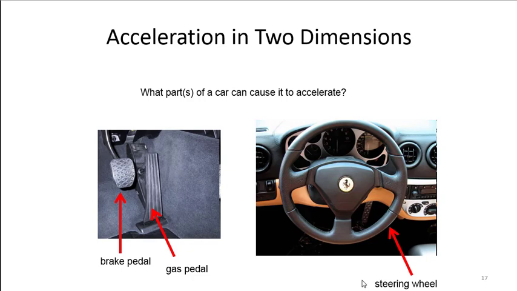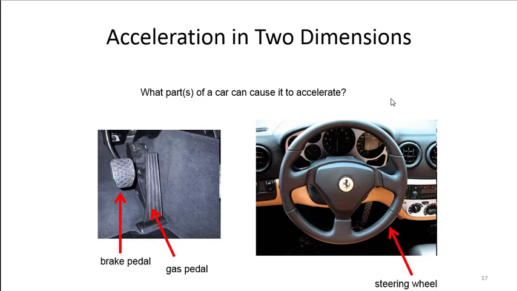According to physics, the steering wheel causes a car to accelerate because it changes the velocity of the car, because it changes the direction the car is moving. And velocity includes both the speed and the direction. Anytime the direction changes, the velocity has changed. Therefore, the car has accelerated. Now, I want you to watch this part of the video again because that's really an important concept.